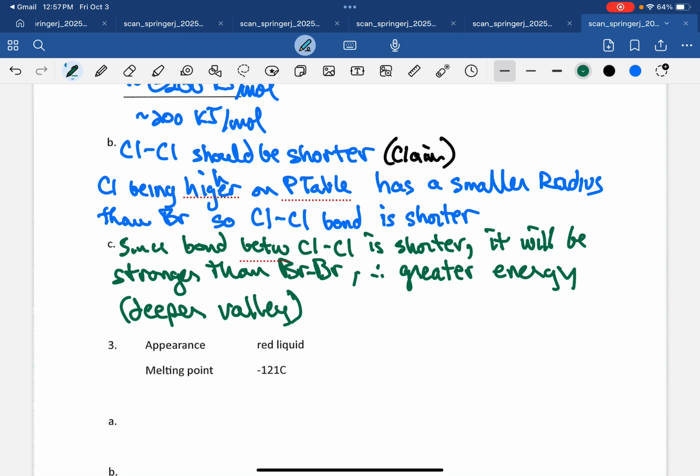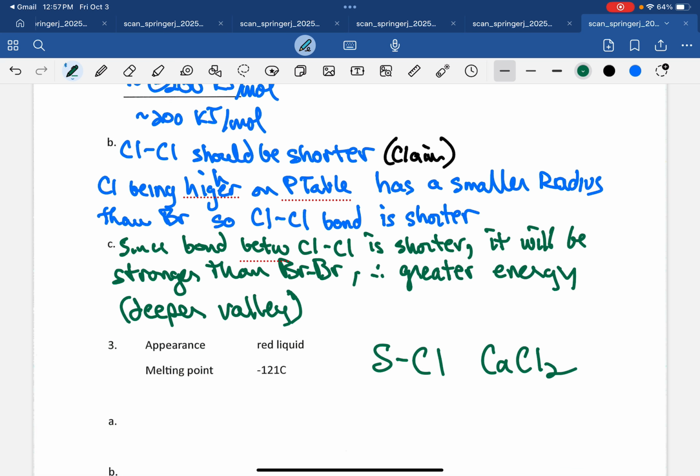Number 3 on the next page says, it gave us a chart there showing the appearance and the melting point of a particular compound. It wants to know, is it SCl or is it CaCl2?